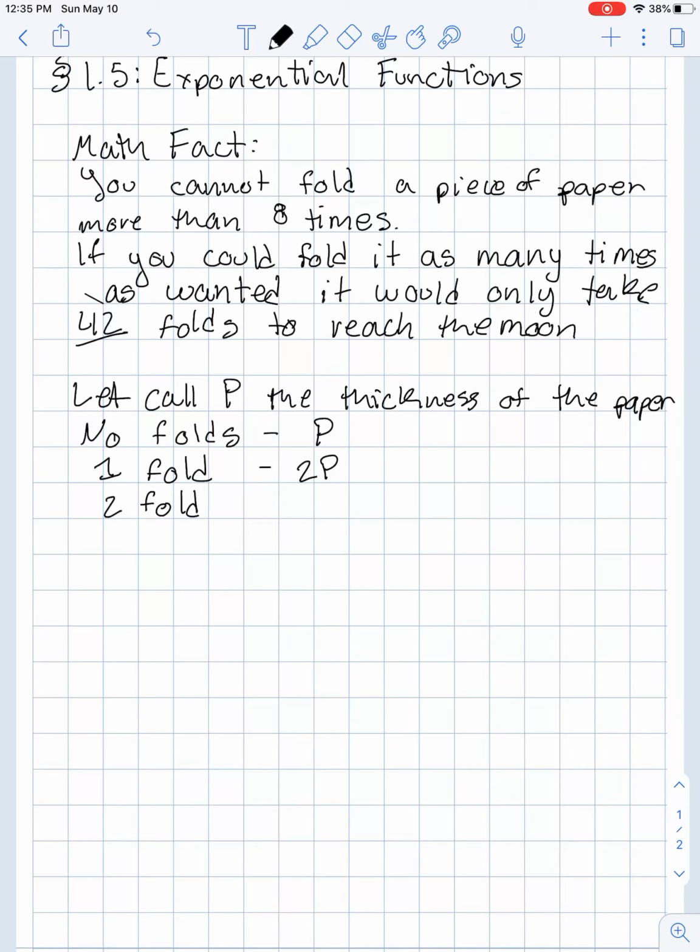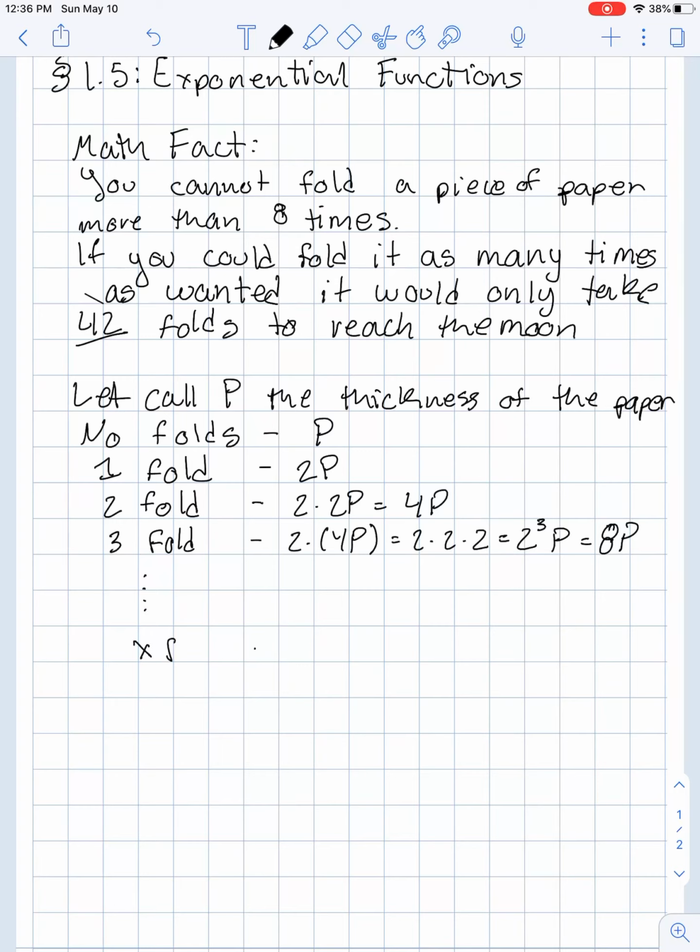If I fold it in half again, I'll get 2 times 2P, just 4P. What about if I fold it 3 times? I'll get 2 times 4P, which is 2 times 2 times 2, 2 to the third P, which is 8P.